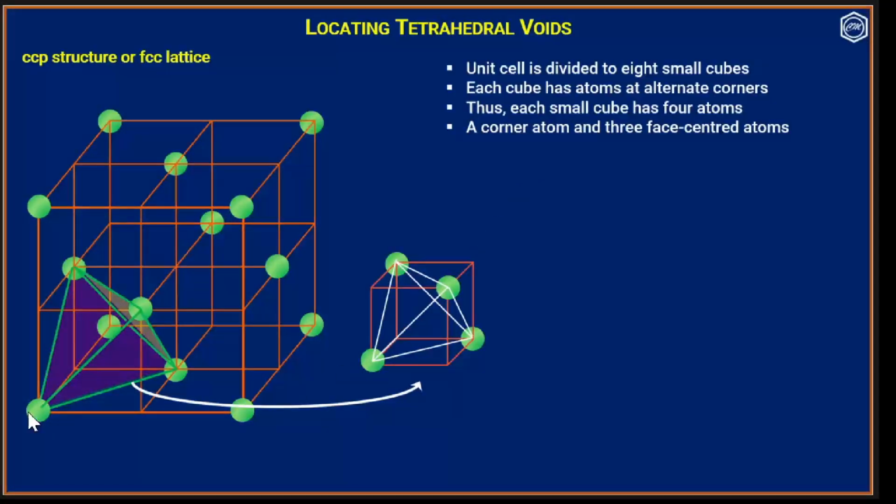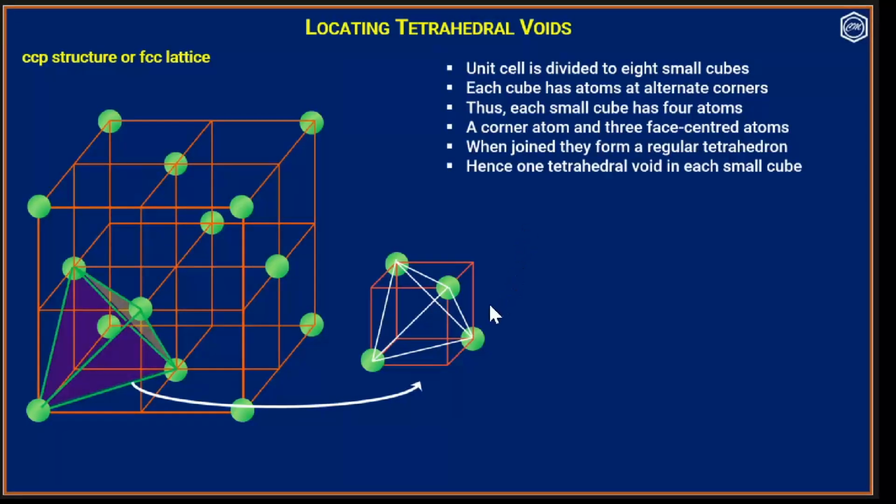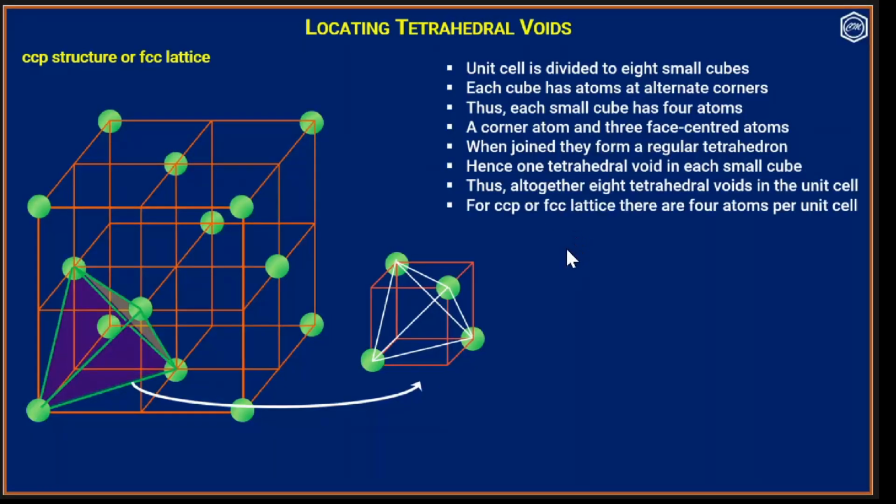This consists of a corner atom and three face-centered atoms. When joined, they form a regular tetrahedron. Therefore, there is one tetrahedral void in each small cube. There are 8 such cubes, so there will be 8 tetrahedral voids.